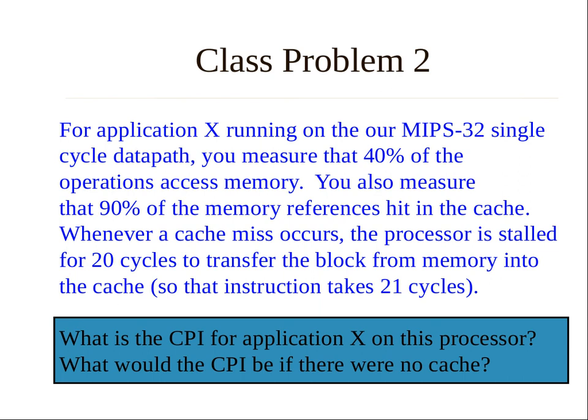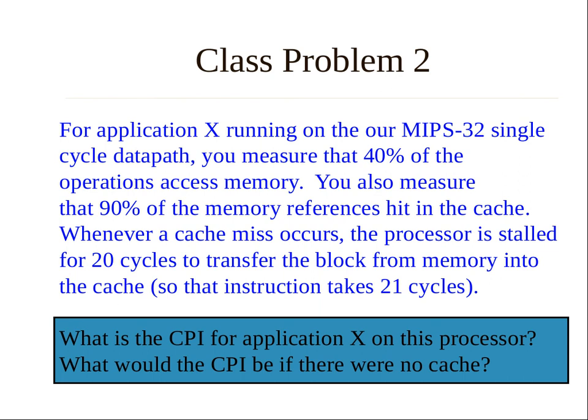Easy math. So now we have this 40%, and we have to figure out what's going to happen here. For the last 40%, you measure 90% of those references hit the cache. So that is 0.4 times 0.9 times how long an instruction takes if it hits the cache. 1.